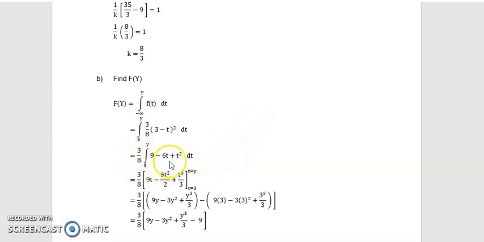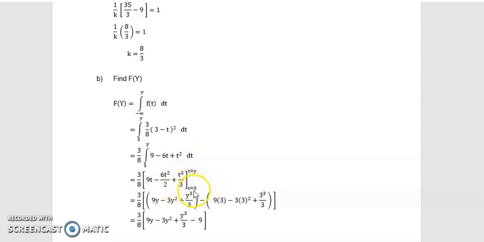And then integrate with respect to t. So when we integrate this part with respect to t, we will get 9t minus 6t square over 2 plus t square becomes t power of 3 over 3.